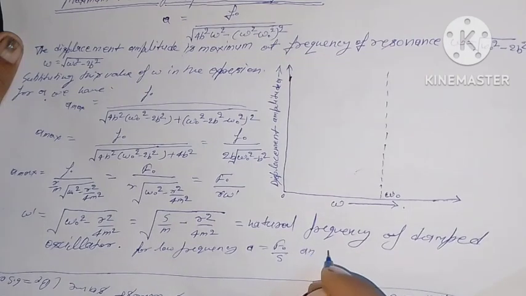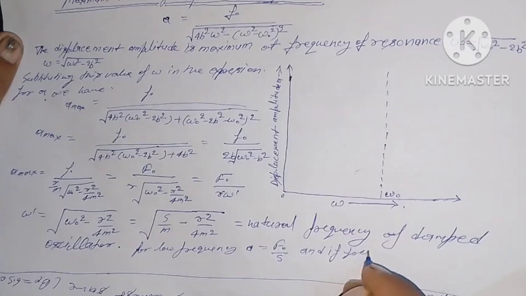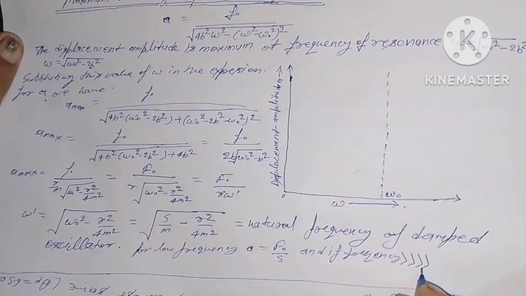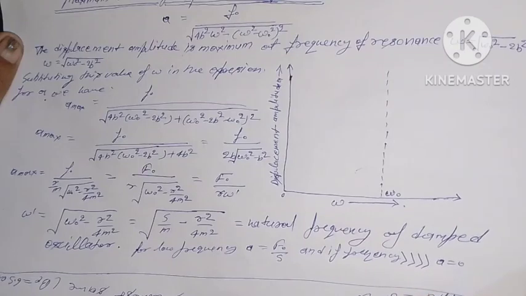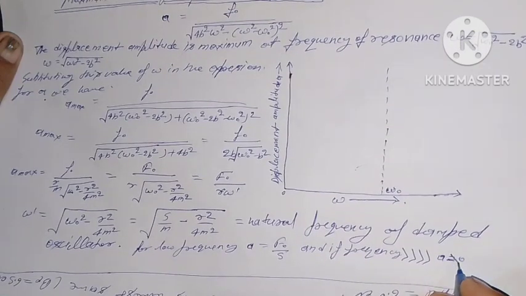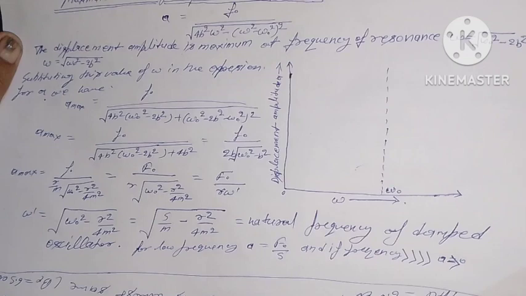If the frequency is very very high, then the amplitude is approximately zero.